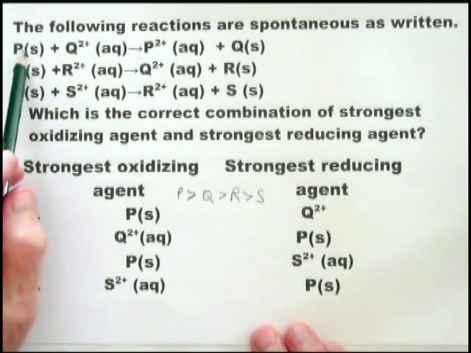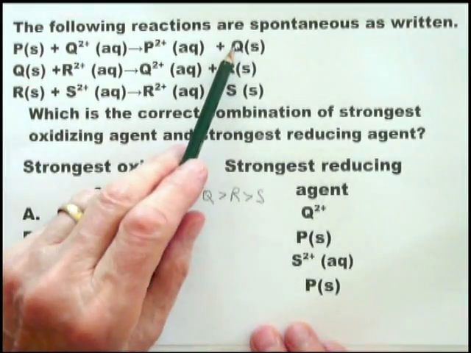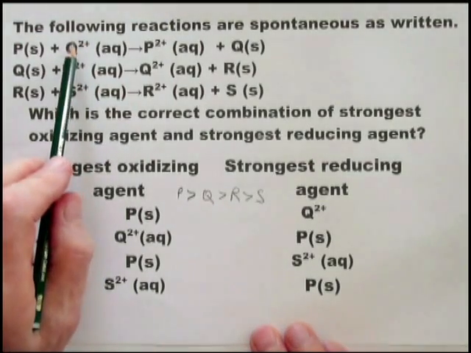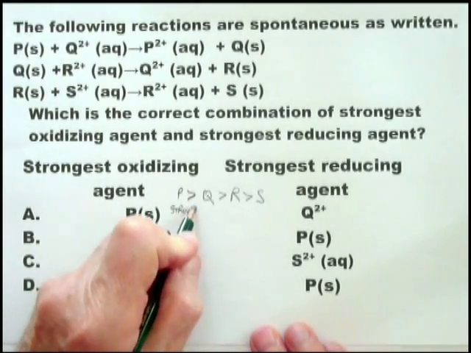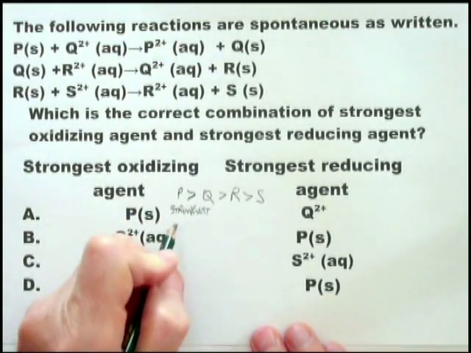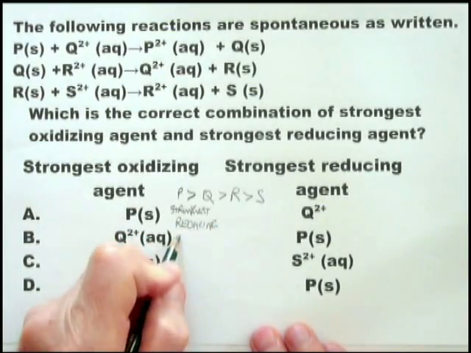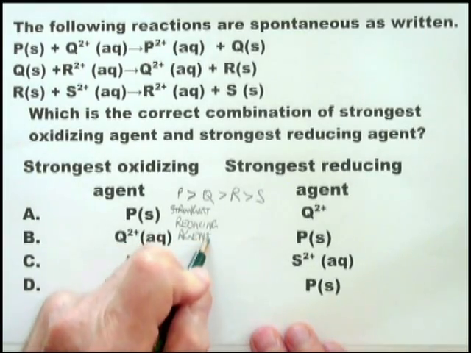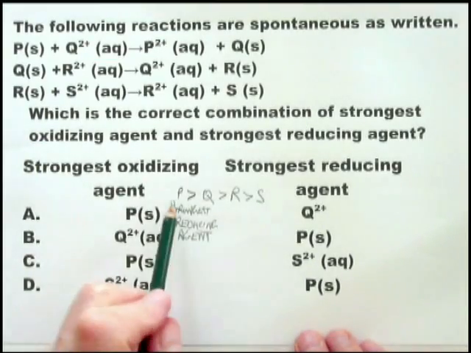Now, what is P doing to Q? Q2+ is going to Q. So Q2+ is being reduced. So P is the strongest reducing agent. And as before, we are now going to go to the ions, and we know it's in the reverse order.